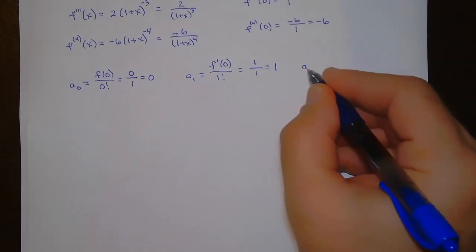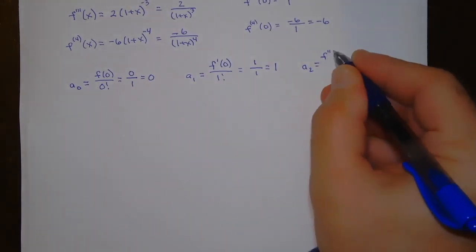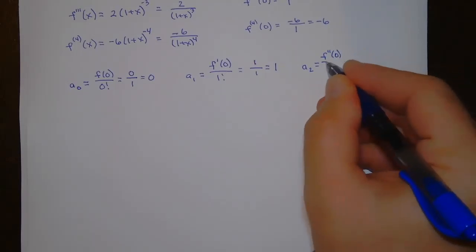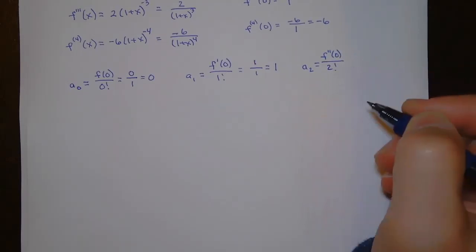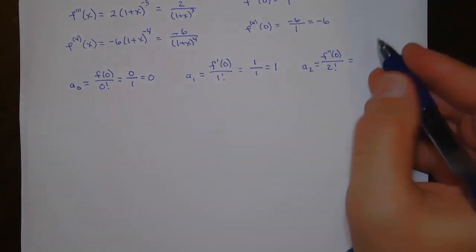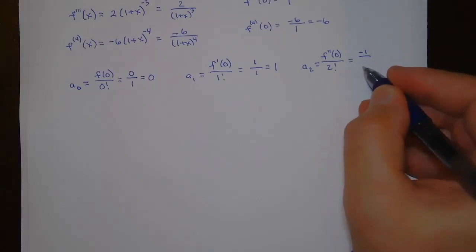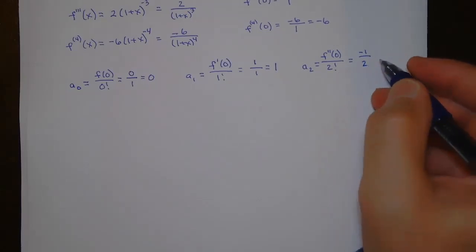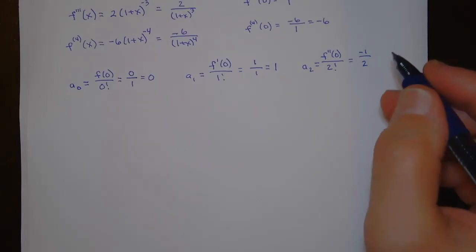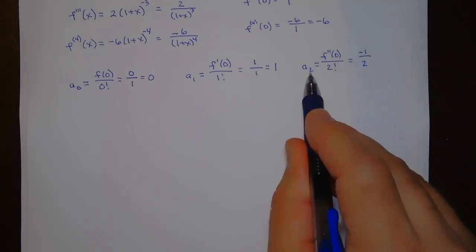And then a sub 2 would equal f double prime of 0 over 2 factorial. And from up above, we saw f double prime of 0 was -1. So that's -1 over 2 factorial, which is 2 times 1, which is 2. So a sub 2 is -1/2. That's going to be the coefficient for our x squared term.